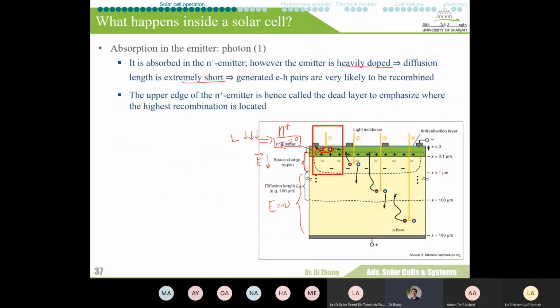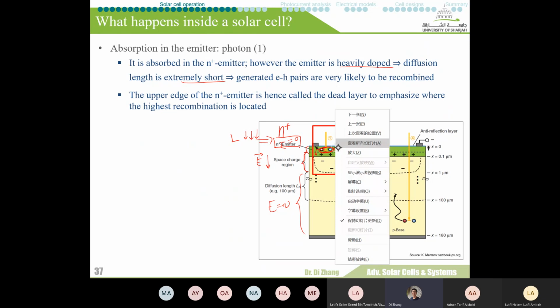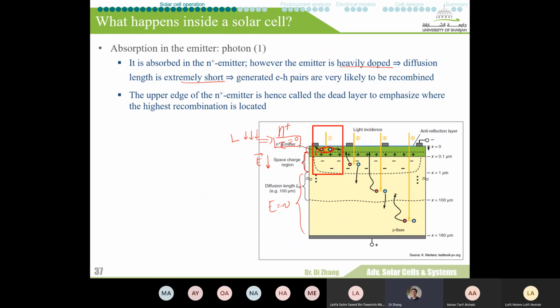This means that on average, this electron and hole pair can only diffuse a very short distance, and immediately they will recombine. So can we expect to generate electricity from here? This is very unlikely.